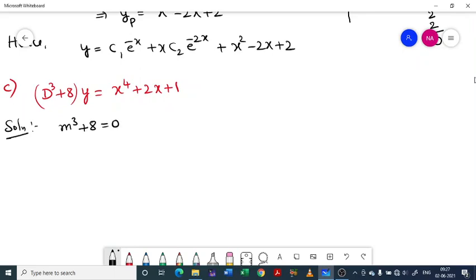That is the auxiliary equation. Right? Solving this you get different roots. So yc, verify this, it will be c1 e power minus 2x plus e power x times c2 cos root 3x by 2 plus c3 sin root 3x by 2.